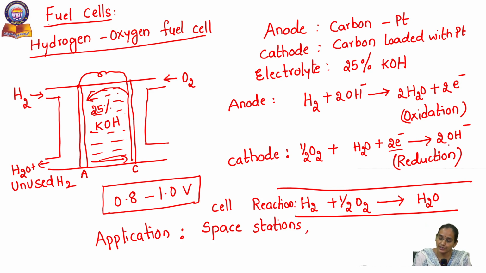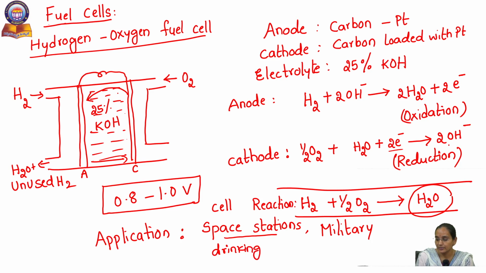And this hydrogen oxygen fuel cell is also used by military, space stations, military people. And in case the astronauts don't have water in space stations, the water coming from this will be used as drinking water for astronauts.